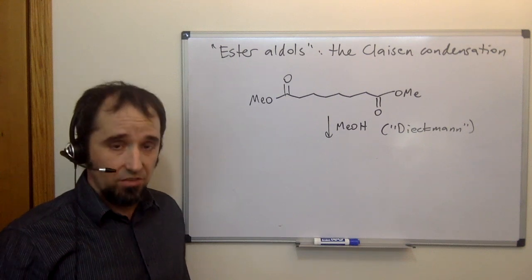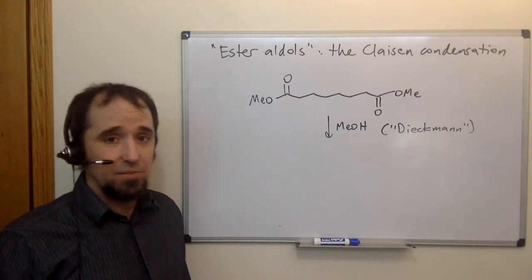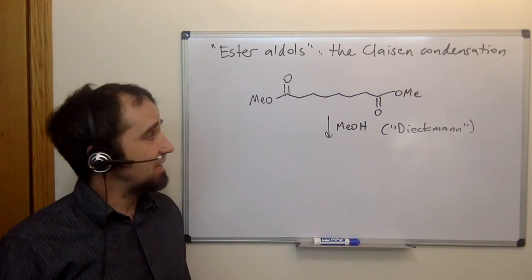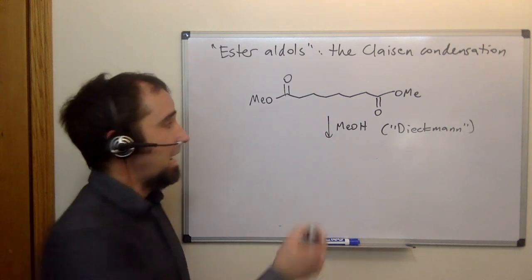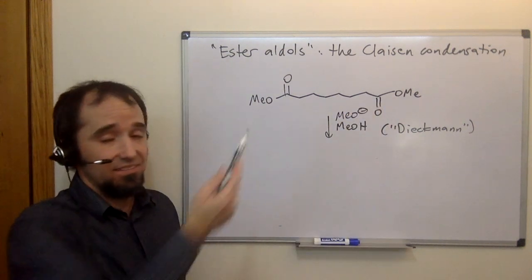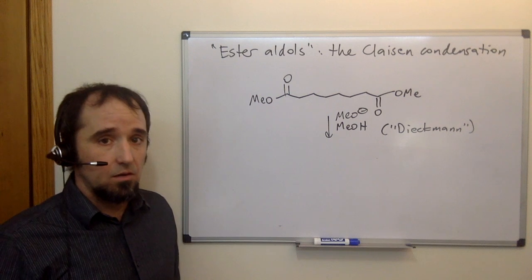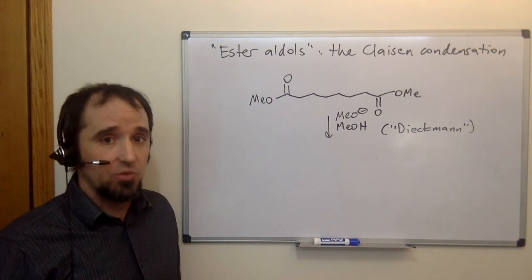One version of this is intramolecular, so ring forming, sometimes called the Dieckmann cyclization. So if I take this diester and now I give it some base, the same base as there, this is going to form a ring. How big of a ring? Well, where is my nucleophile?